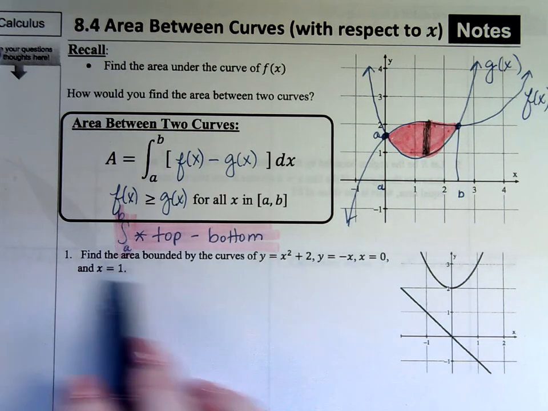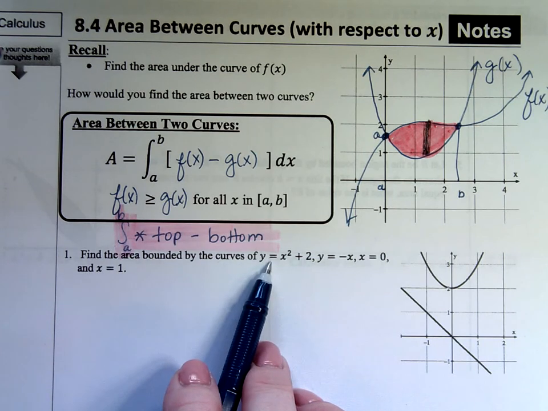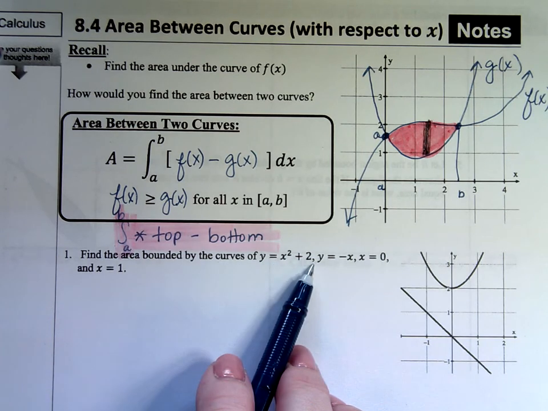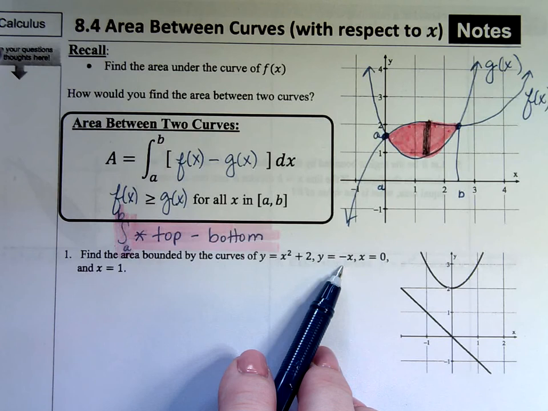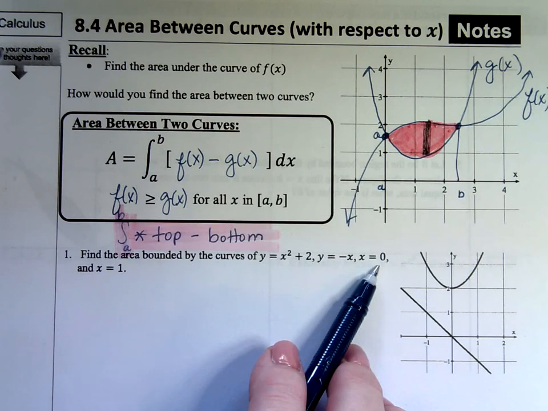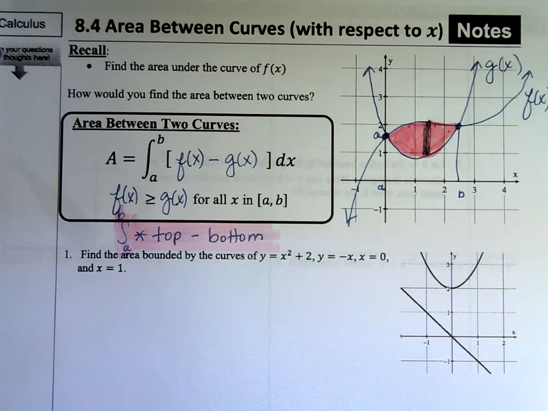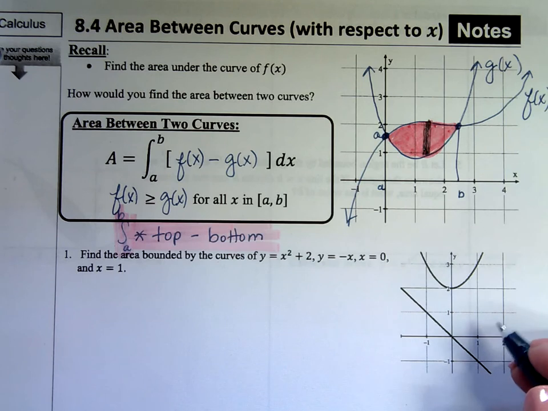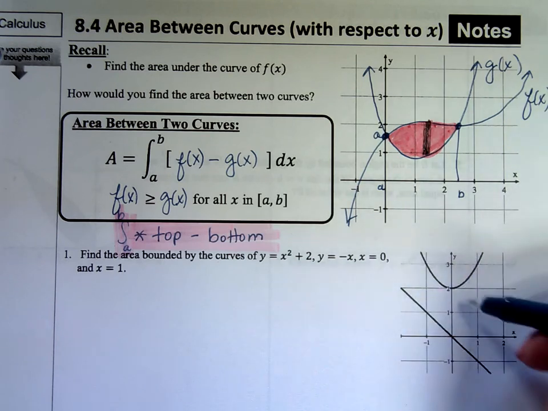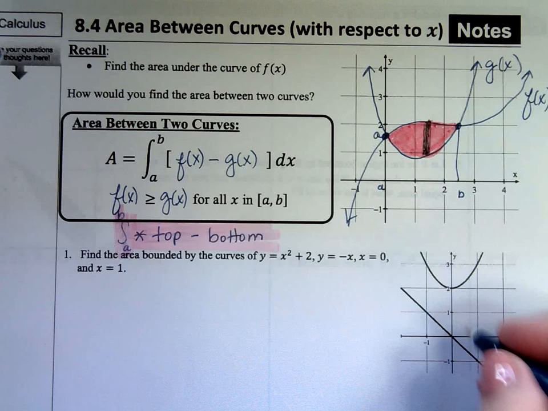So here we go. Find the area between the curves y equals x squared plus 2 and y equals negative x, when x equals 0 and x equals 1. They were nice. They gave me a picture. They don't always give you a picture, and then you need to create a picture or come up with some way that you can evaluate them. I usually go with the picture. So, x squared plus 2, going between x equals 0, that's here, and x equals 1.